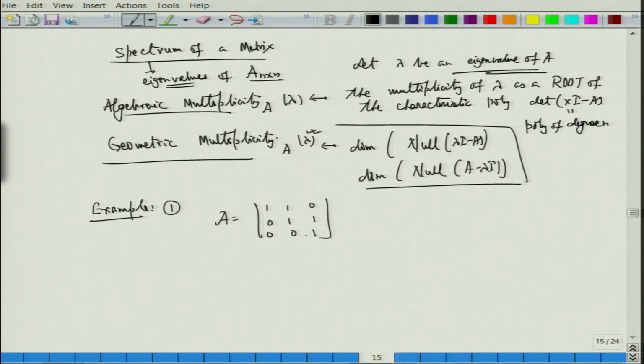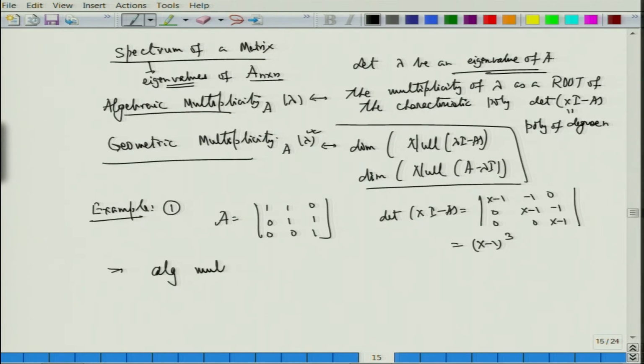I want to compute determinant of xI minus A, which is the same as determinant of x minus 1, 0, 0; 0, x minus 1, 0; 0, 0, x minus 1. So, this is an upper triangular matrix. So, determinant of this is (x minus 1) to the power 3. So, this implies the algebraic multiplicity of 1 as an eigenvalue of A is 3, fine, because 1 is repeated thrice.